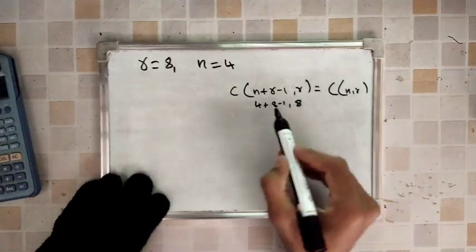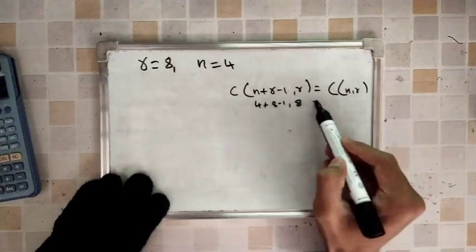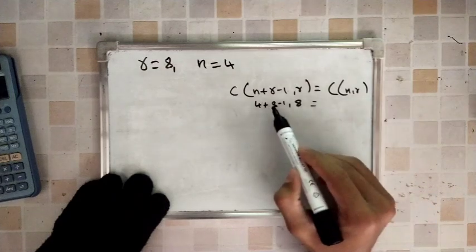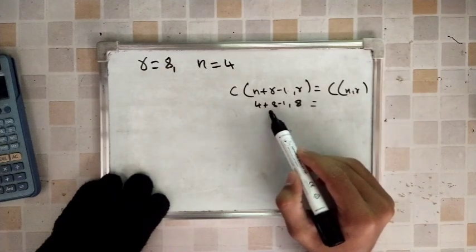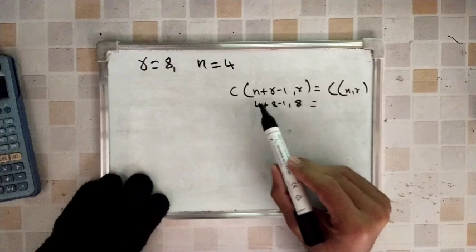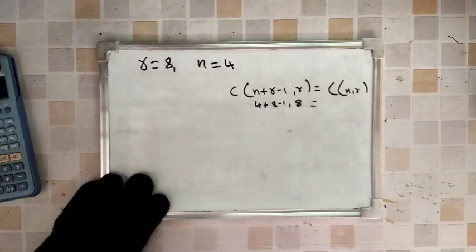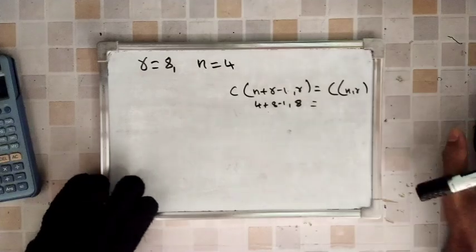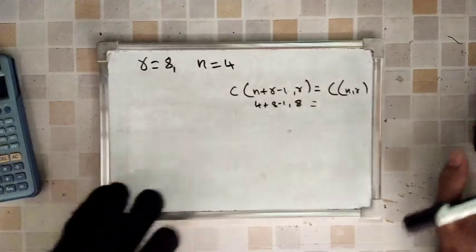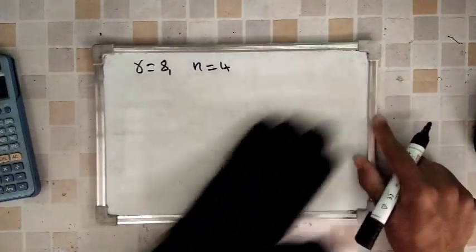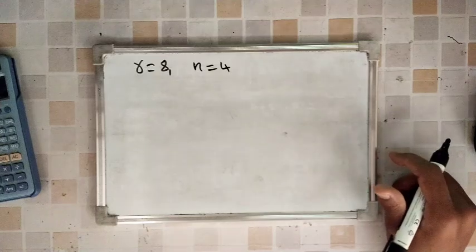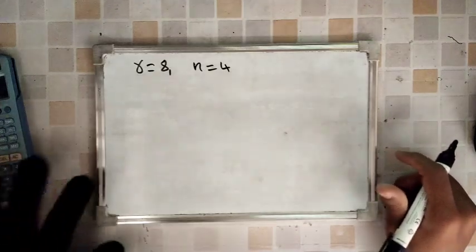Correct. Then this is the formula, right, which is equals to 4 plus 7, or let me just cross check one second with the formula. Okay, so I think the formula was right itself. Remember that C of n plus r minus 1 comma r equals C of n comma r.